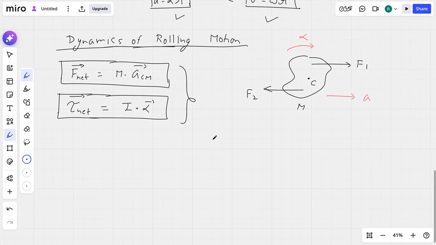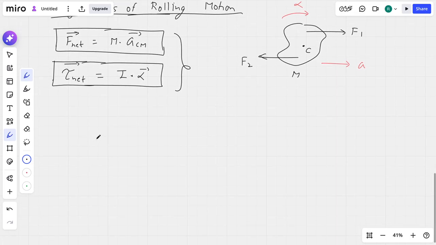Okay, let's move ahead. First of all, let's discuss the moment of inertia of some common and standard bodies. If you talk about a ring, its moment of inertia is mr square. For a disc, its moment of inertia is 1 by 2 mr square.